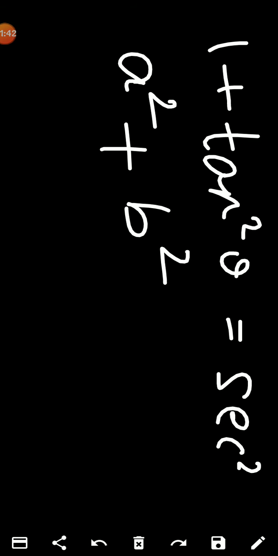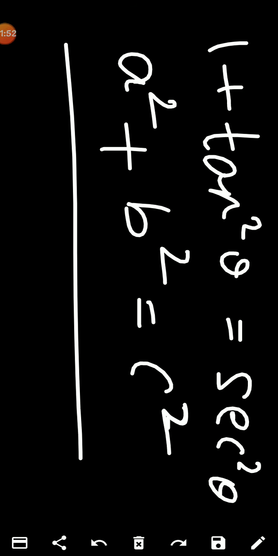So let's replace 1 with a square. As our value for a is 1, we can replace 1 with a square, plus we took tan theta as b, so tan square theta will be b square is equal to, we took secant theta as c, so secant square theta will be c square.